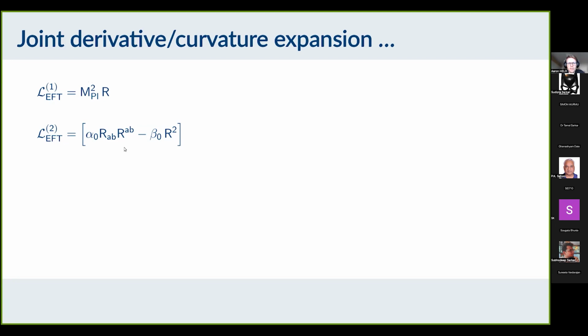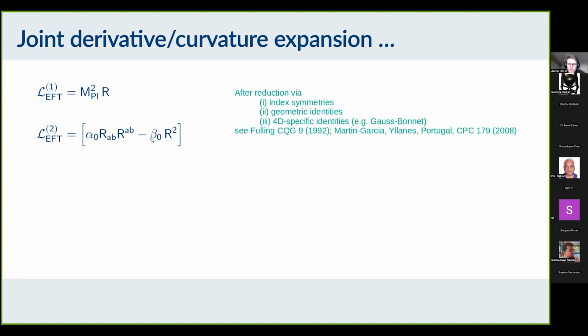You can write down, in this case, I'm writing down the Ricci scalar and some contraction of the Ricci tensor. And actually, these are the only 2 invariants after you perform these steps here. So you really apply all the possible index symmetries of your Riemann tensor. You use all the geometric identities that you have.